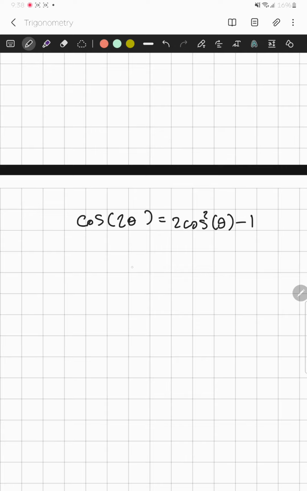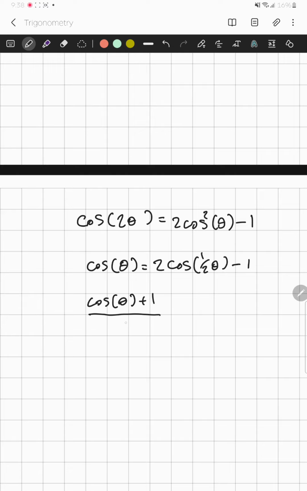From this formula that we have already proved, we just rewrite the formula with theta on one side and half theta on the other. It's the same formula. Then we solve for cosine half theta. So we add 1 on the other side and divide by 2, and that equals cosine squared half theta.